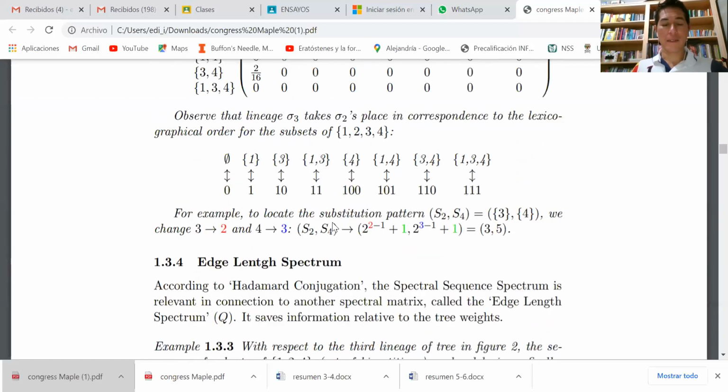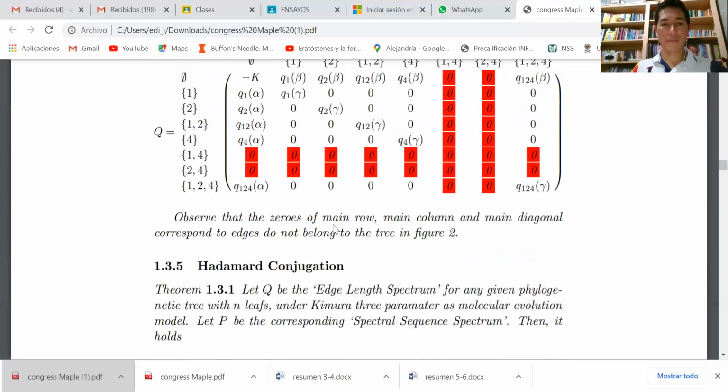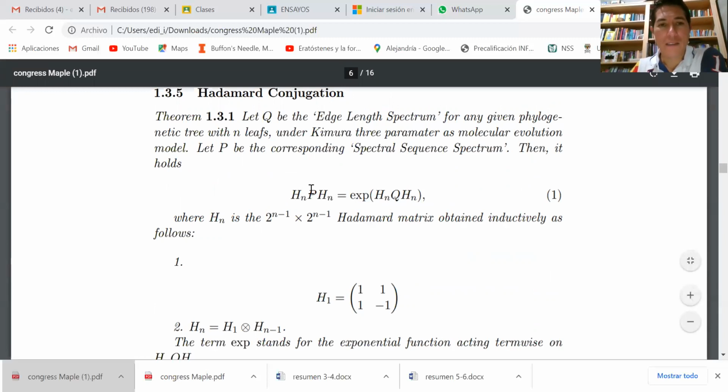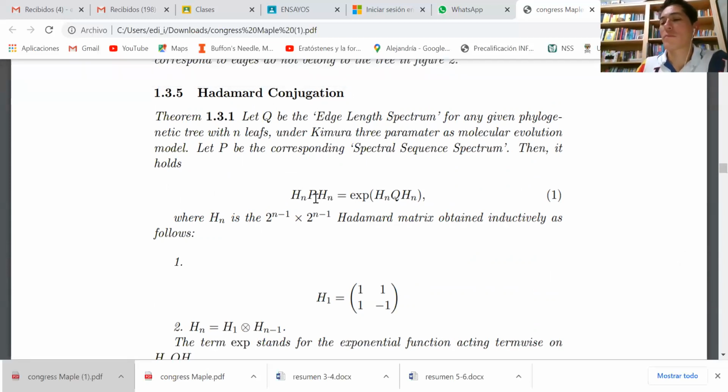There is a main theorem, Hadamard conjugation. Hadamard conjugation is a matrix equation. It relates two spectral matrices, matrix P and matrix Q. Matrix P stores information of the distribution of different substitution patterns on leaves.